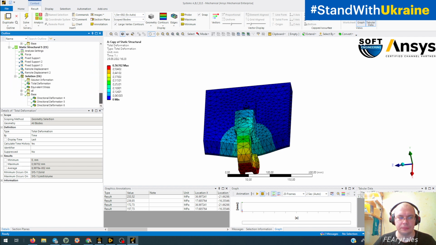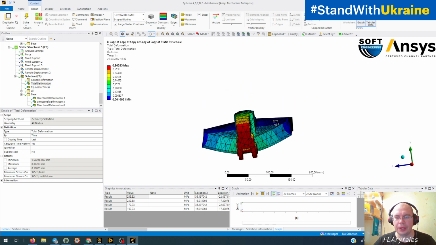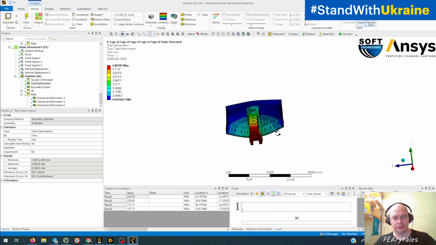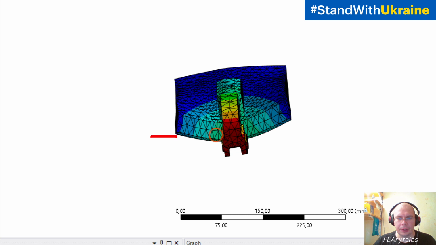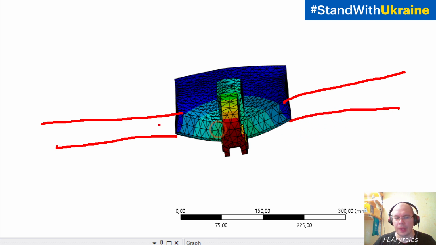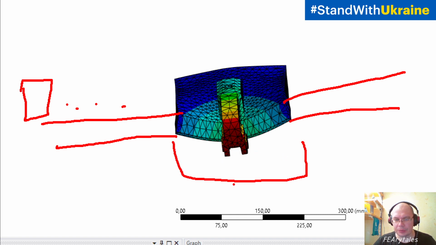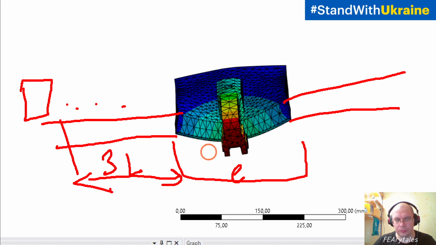If we have situation where we have base here and we will not have the crank here, we have crank in big distance, for example 2-3 times of this length here, we will have deformation like this.